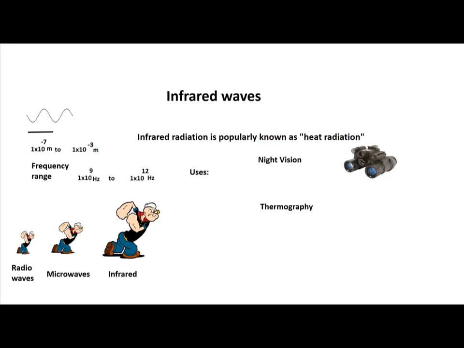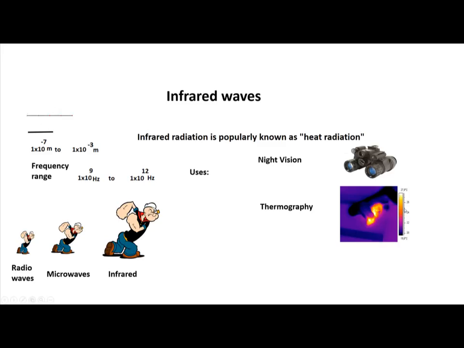Now another way in which infrared is used is what we call thermography. Thermography is the science of detecting the temperature of an object remotely, both living things and not. If you take a look at this object right here, you might be wondering what this is. Well, this is actually a snake eating a rat. Here is the head of the snake. If you look at this head here, you can see that the temperature is lower. Now take a look at the rat.